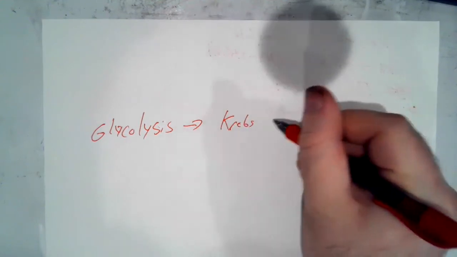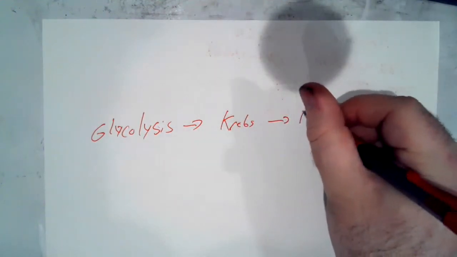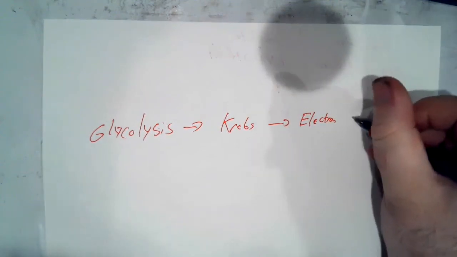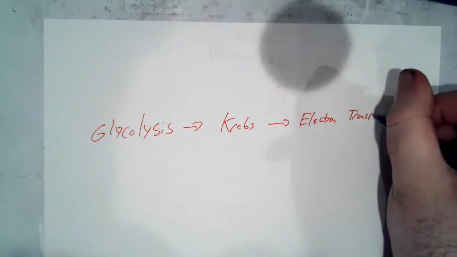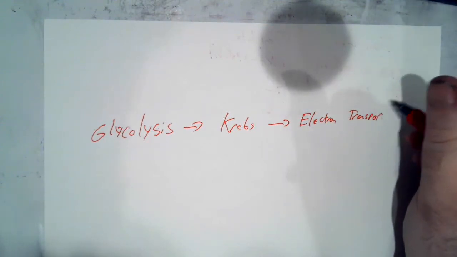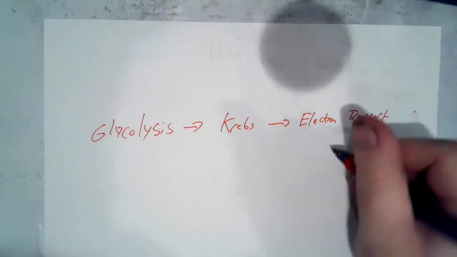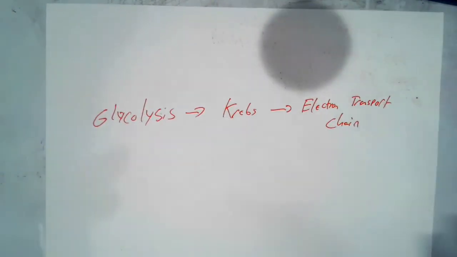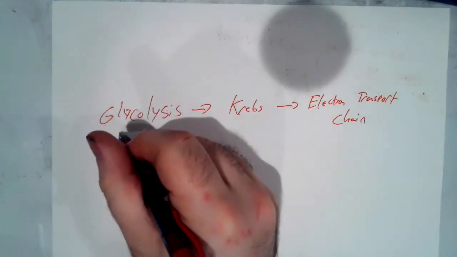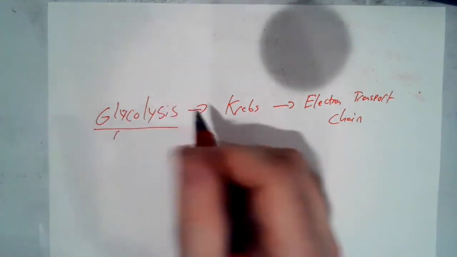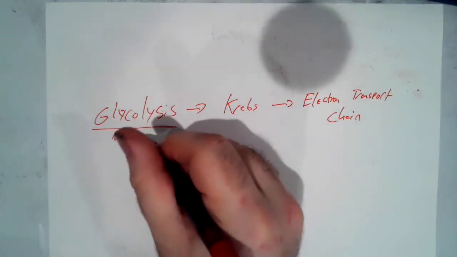Krebs, and then I'll write the whole name: electron transport chain. Okay, so what happens in each one? So in glycolysis requires no oxygen.